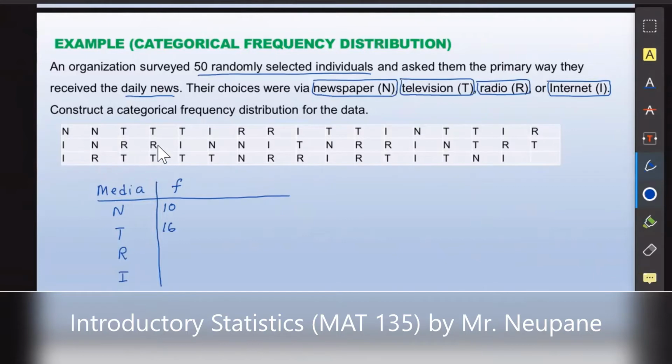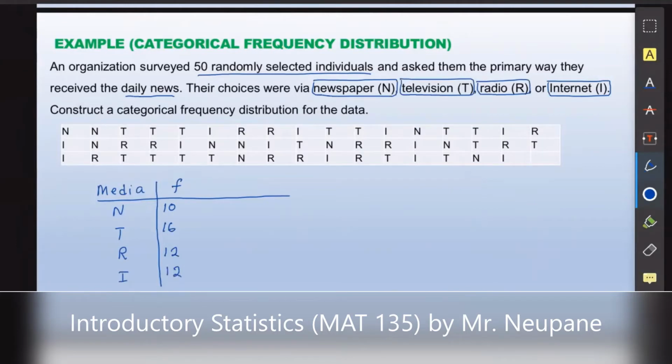It is 1, 2, 3, 4, 5, 6, 7, 8, 9, 10, 11, 12. 12 of them listen to the radio for the daily news. And let's see how many of them browse internet for news. I'm counting I. 2, 3, 4, 5, 6, 7, 8, 9, 10, 11, 12. 12 of them browse internet for news.